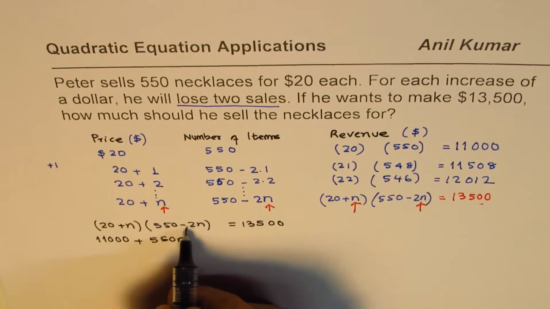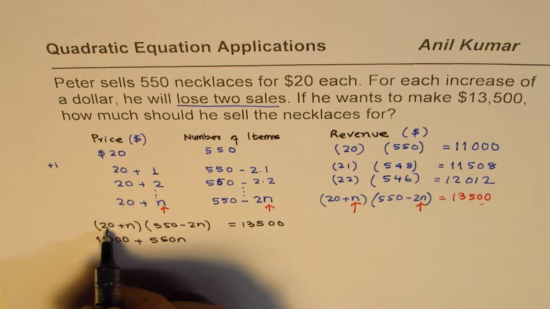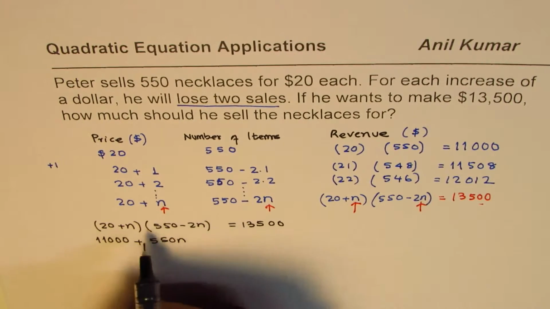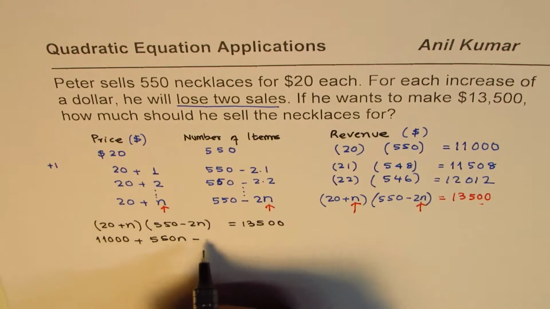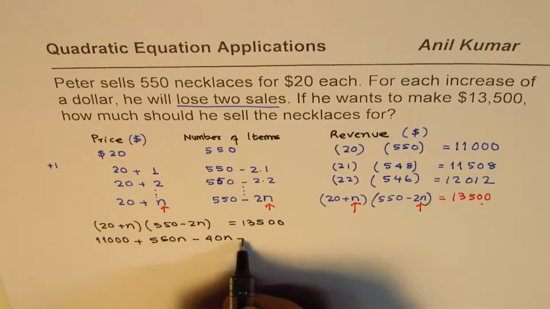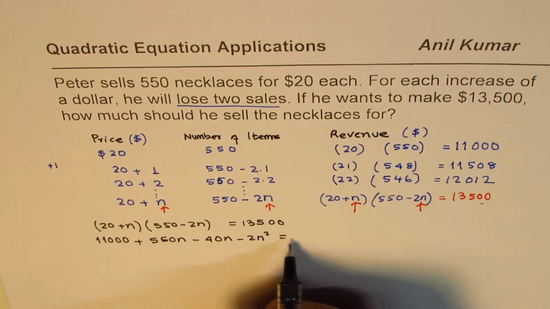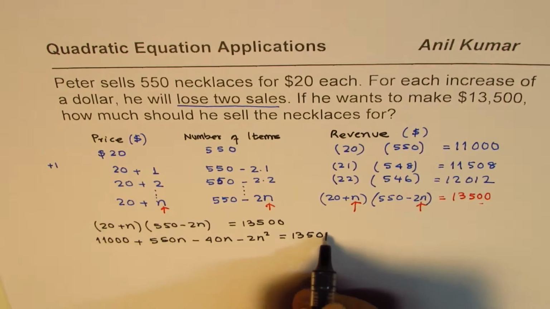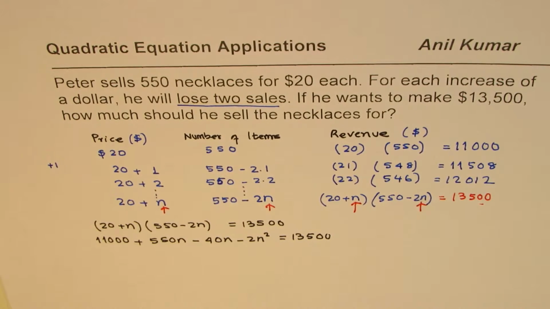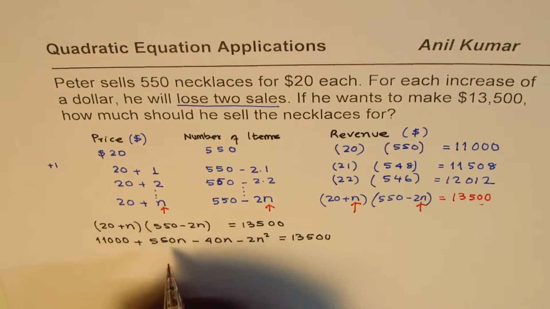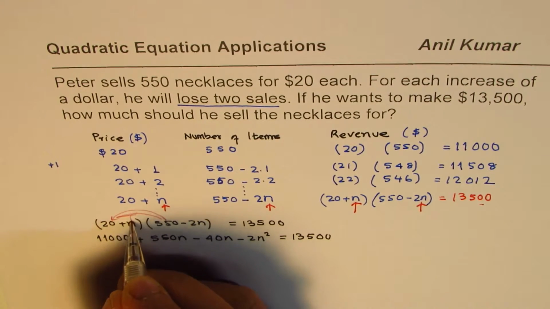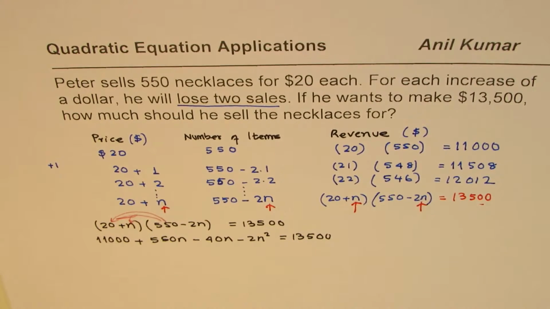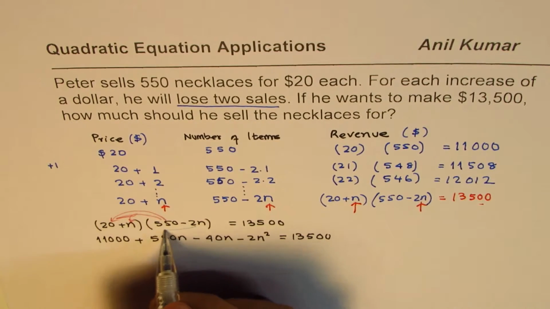Then minus 2n times 20 is minus 40n, and minus 2n times n is minus 2n squared. That should be equal to 13,500. So we applied the distributive property, but this time we multiplied both these terms with 550 first, and then with minus 2n, just to be clear.